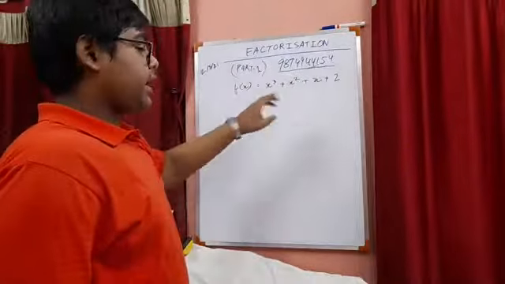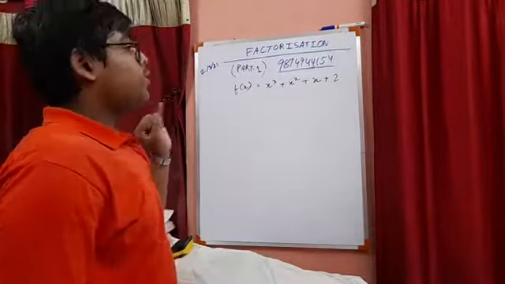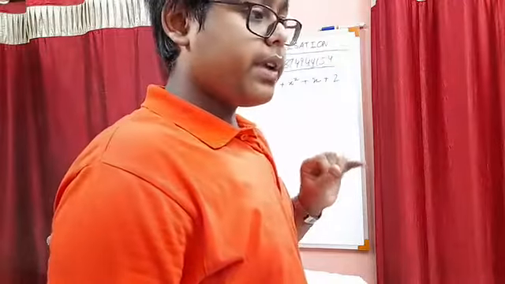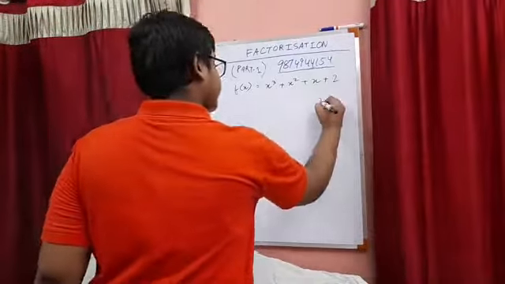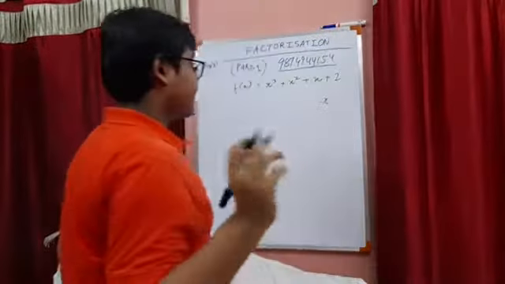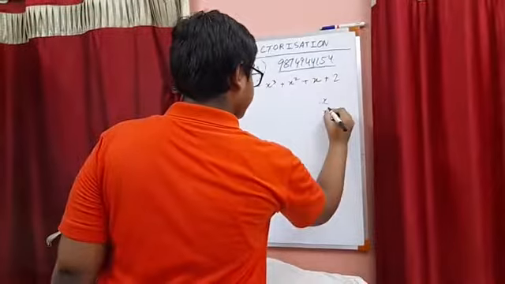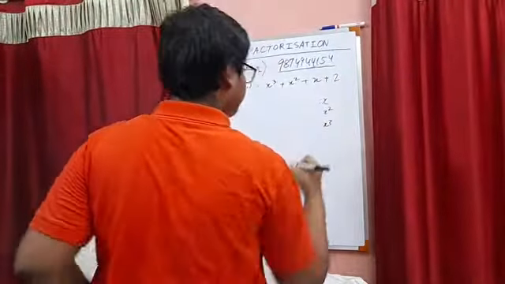Now, there are different types of polynomials based on their degrees. Polynomials can be of degree 1, which will be x, degree 2, which will mean x squared, and degree 3, which will be x cubed.